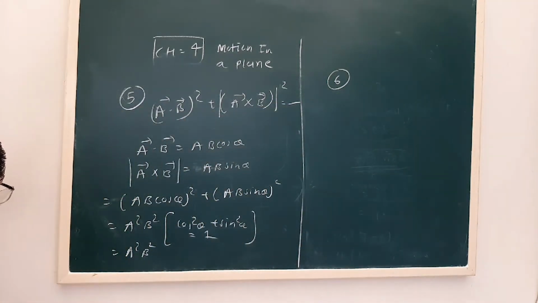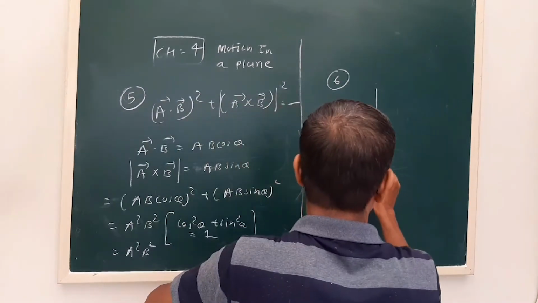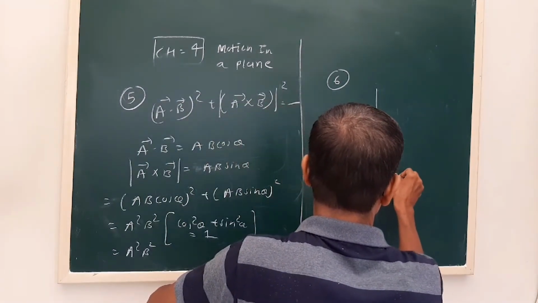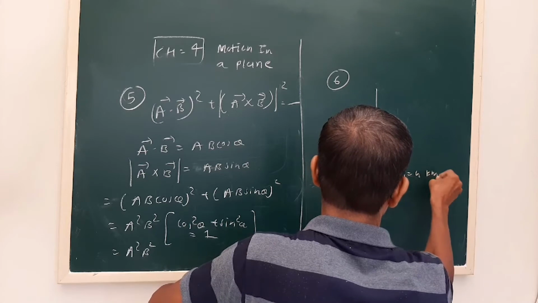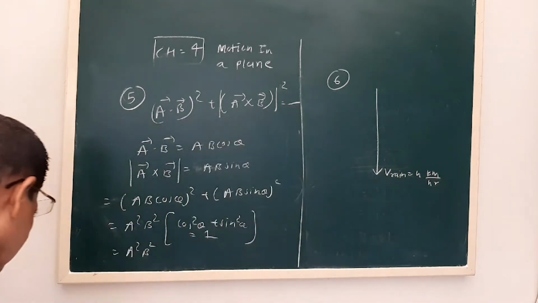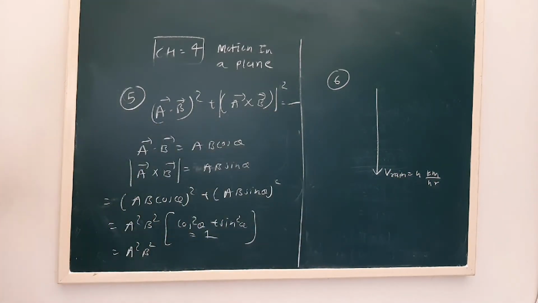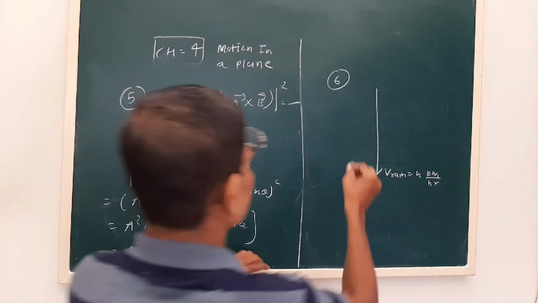Here see, the rain falls vertically downward with a velocity of 4 km per hour. A man is walking on a straight road with a velocity of 3 km per hour.